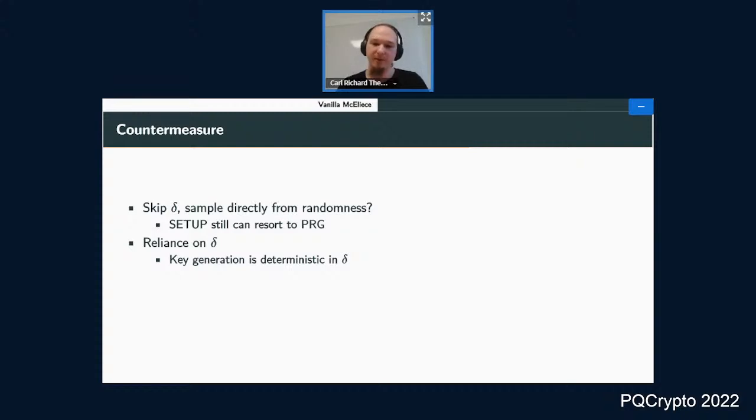Also notice that we heavily rely on this delta because it's really small. As the whole key generation is deterministic in delta, this also allows us to verify the key generation with a different trusted implementation. For this different and more important trusted implementation, it doesn't really matter whether it is especially efficient or whether it runs on the platform that we want to use.